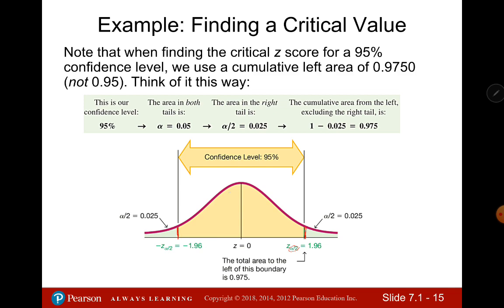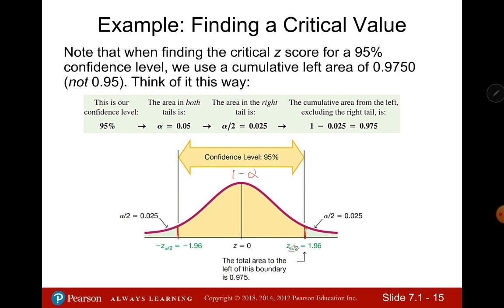With 95% right in the middle, the left tail has half alpha and the right tail has another half alpha. So with two tails, we divide alpha by 2 to get half alpha. These two parts add up to alpha, and what is inside is 1 minus alpha.